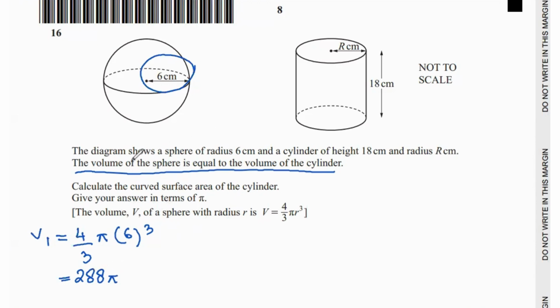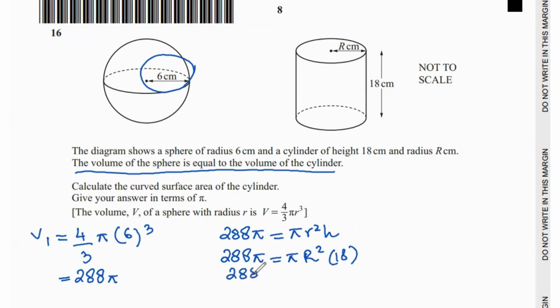Now, the volume is the same for both the shapes, so 288 pi equals pi r squared h, which is the formula for the volume of a cylinder. 288 pi equals pi times r squared, because that's what the radius is, and height is 18. So we're going to divide 288 pi by 18 pi. We take the square root on both sides to find the value of r, which will be 4 centimeters.